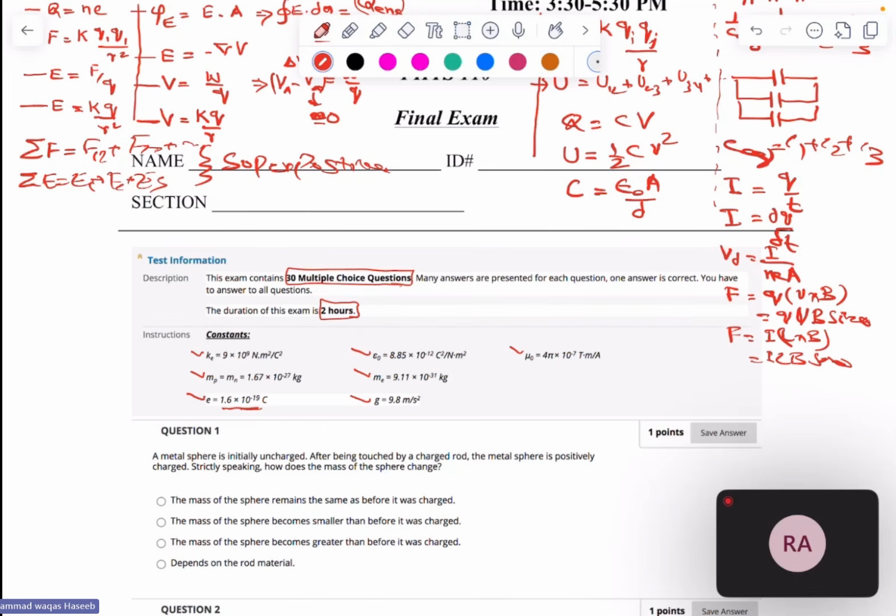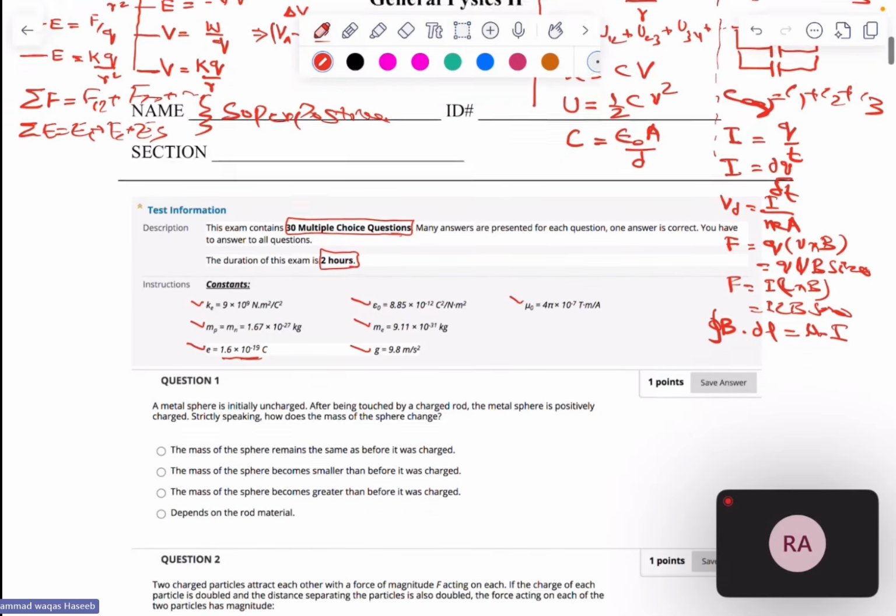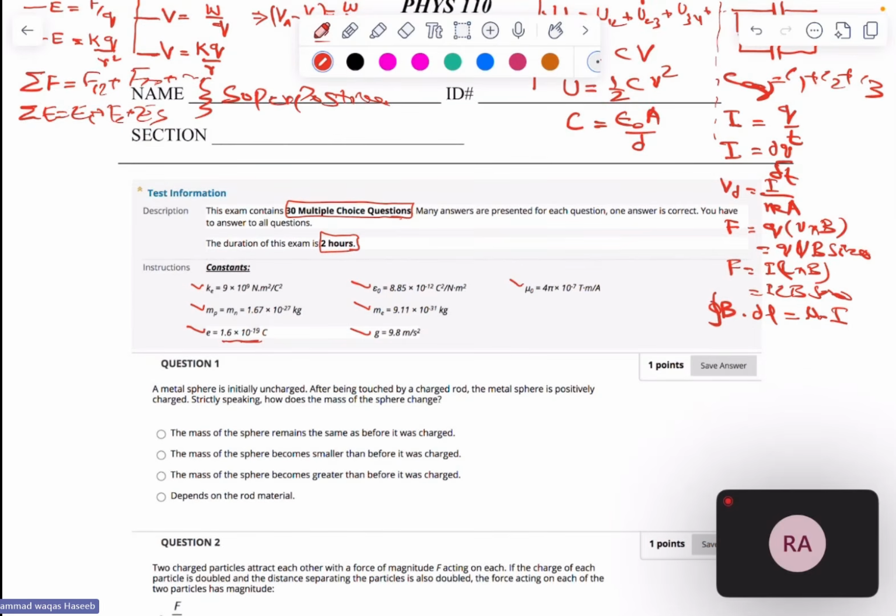Then you have the magnetic field, which is Ampere's law, closed loop integral of B dot dl equals mu naught I. And if you place a coil or a rectangular loop, it experiences a torque, which is NIAB sine of theta.